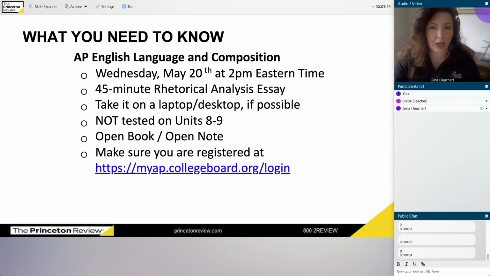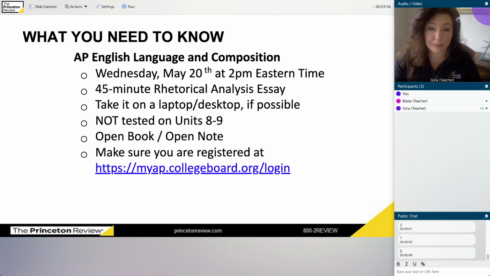If you live on the East Coast, you will be taking the AP at 2 p.m. Eastern time. But of course, if you're in another time zone, you have to calculate that difference. So if you live, say, on Pacific time, that means you're going to be taking the test at 11 in the morning. And I hate to say it, if you live in Hawaii, you're going to be getting up really early.